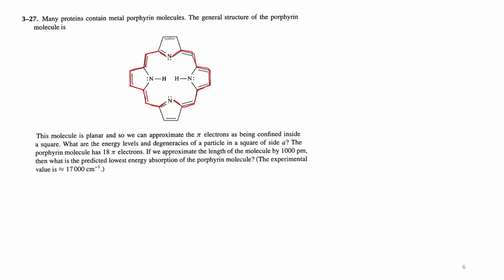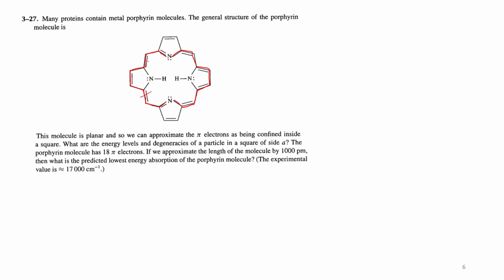So I checked the structure of porphyrin and found out yes, in the plane there are 18 pi electrons. So one pair from here, one, two, three, 4, 5, 6, 7, 8, and 9. So 9 pairs of electrons are there, means 18 pi electrons total. So if we approximate the length of the molecule by 1000 picometer, then what is the predicted lowest energy absorption of porphyrin molecule?